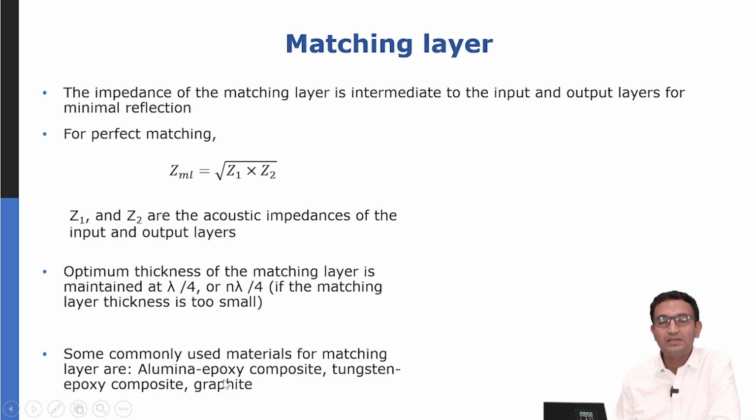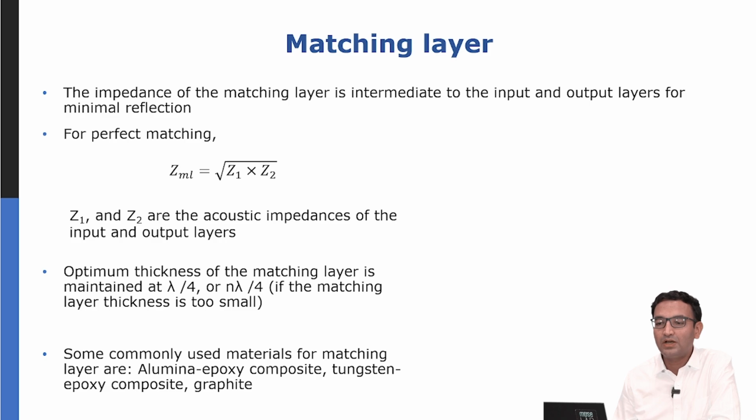Now in practice, we typically need two matching layers, because a single matching layer with the right properties is not really available. You need a material with an impedance of square root of Z1 Z2, and these kinds of materials are not naturally available, and it is also difficult to synthesize them.